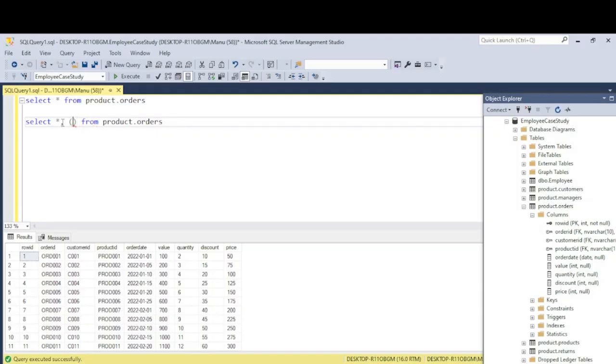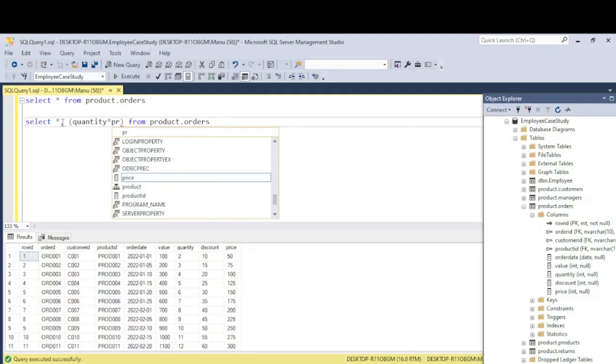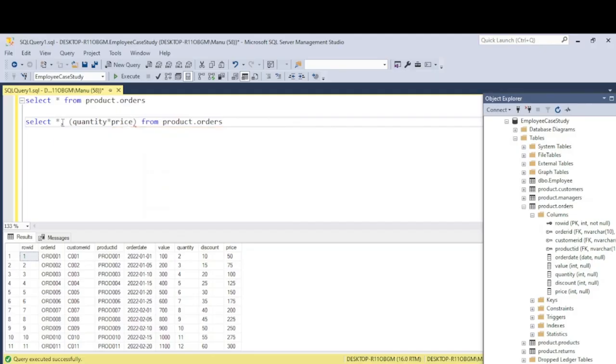If you have purchased two notebooks and each notebook costs 50 rupees, how much total cost have you given to the shopkeeper? So 100 rupees, right? Simply we will do that over here. We will multiply the quantity with the price.